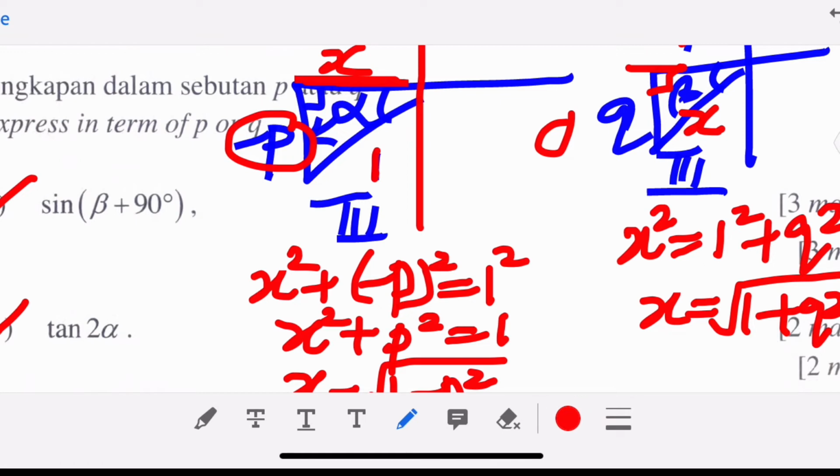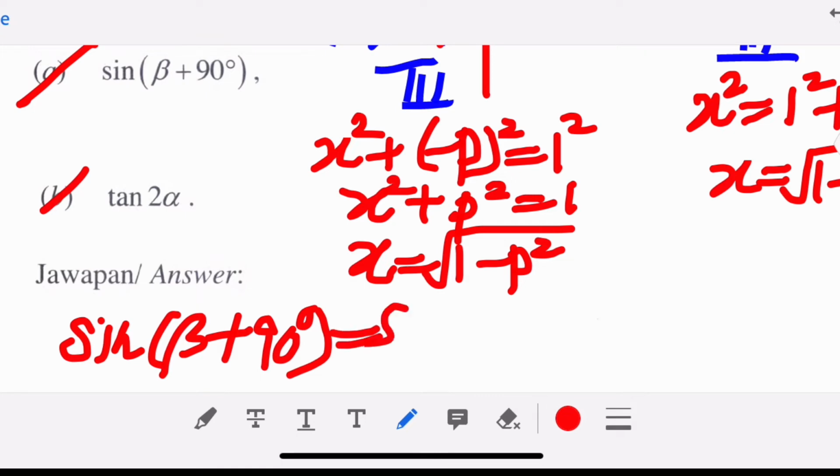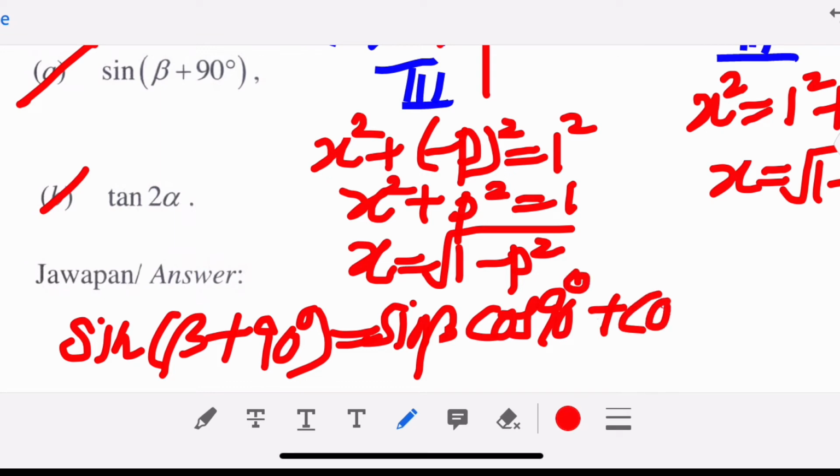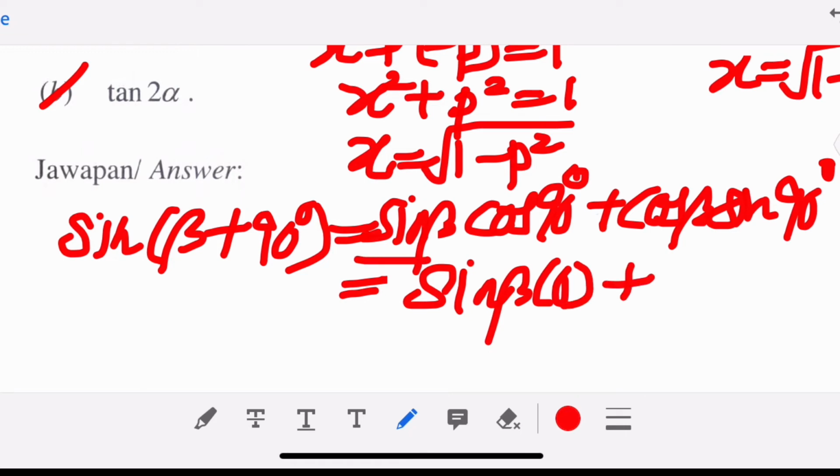Sine beta to solve this question, and then tangent alpha to solve the b. So let's do the sine beta first. Sine of beta plus 90 degrees is sine A cos B plus cos A sine B. So we have sine beta cos 90 plus cos beta sine 90.